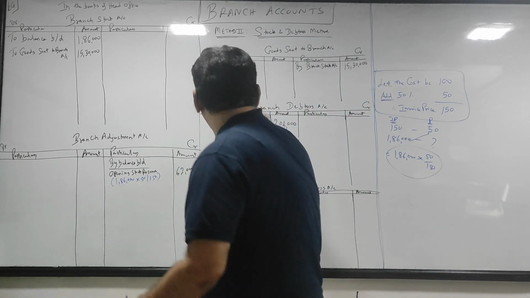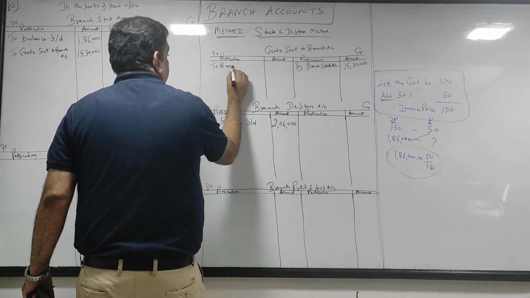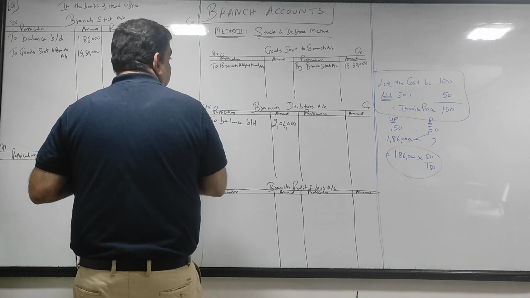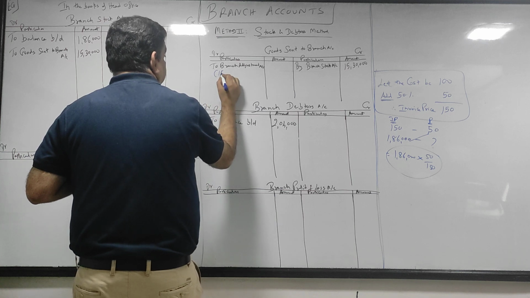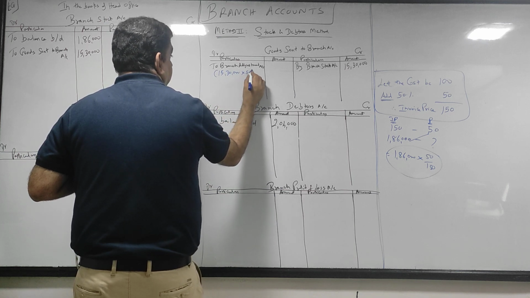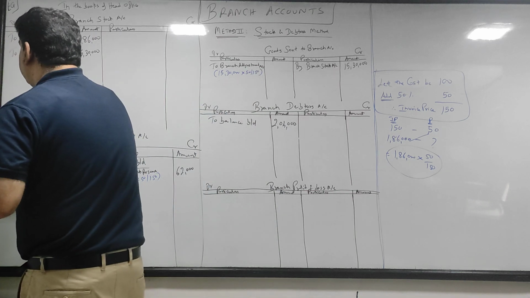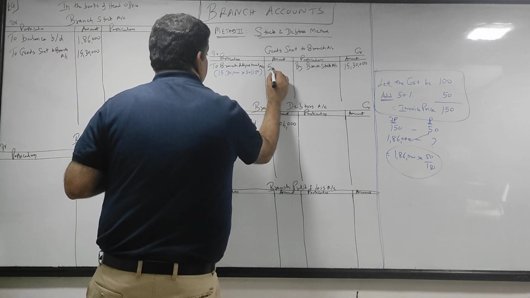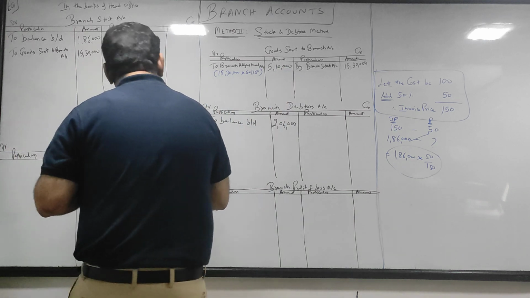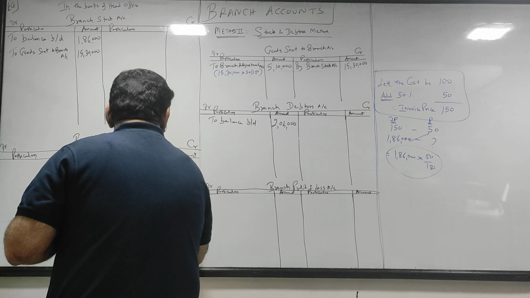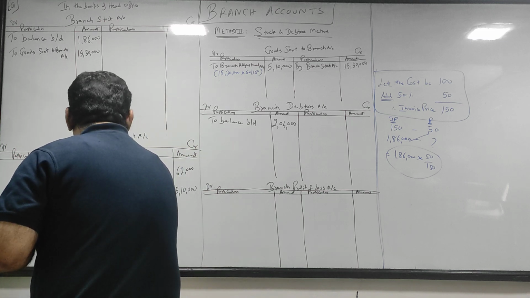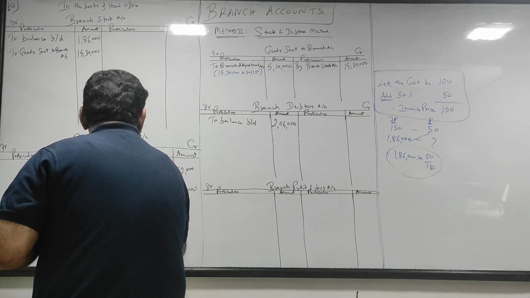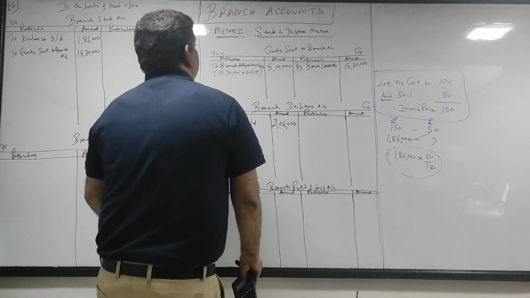So you will put here to branch adjustment account and show the same calculation in the brackets. 1530 into 50 upon 150, 510, and to branch adjustment come here by goods sent to branch account 510.